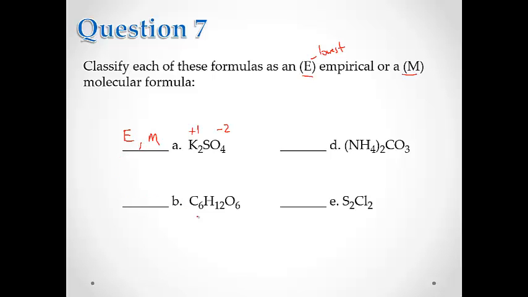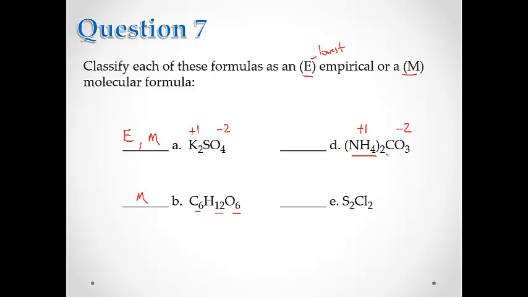Okay, if we go down to letter B, I have 6 carbon, 12 hydrogen, and 6 oxygen. I could take 6 out of each one of those numbers, so it is not simplified. So then it's the actual formula, which we would call the molecular. On the next one we have another ionic. We have that ammonium with a +1 and a carbonate with a -2 charge.